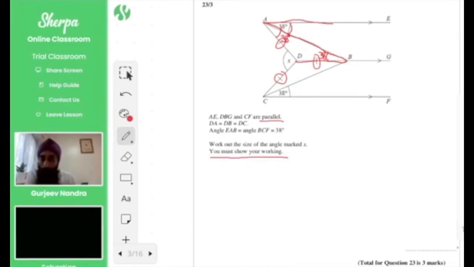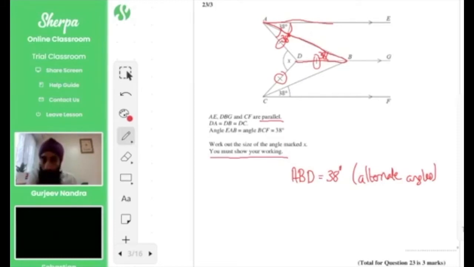So if we just get down the working that we've got so far, we can say A, B, D equals 38 degrees. I'm just going to write alternate angles, which is the correct name for Z angles. So ABD is 38 degrees.